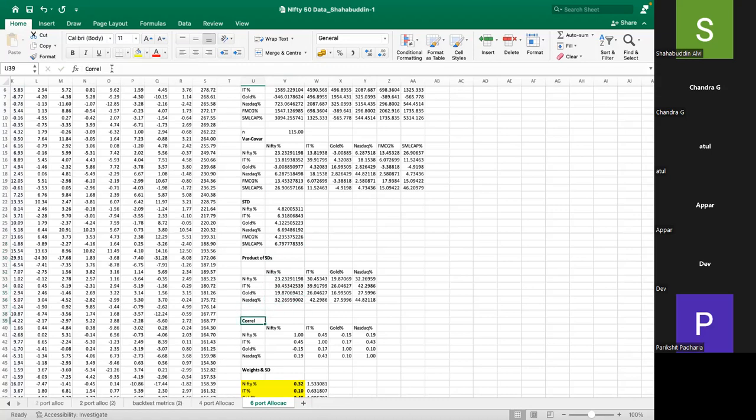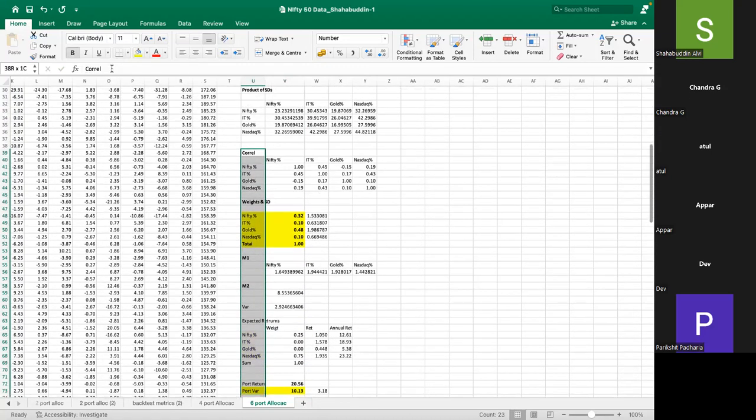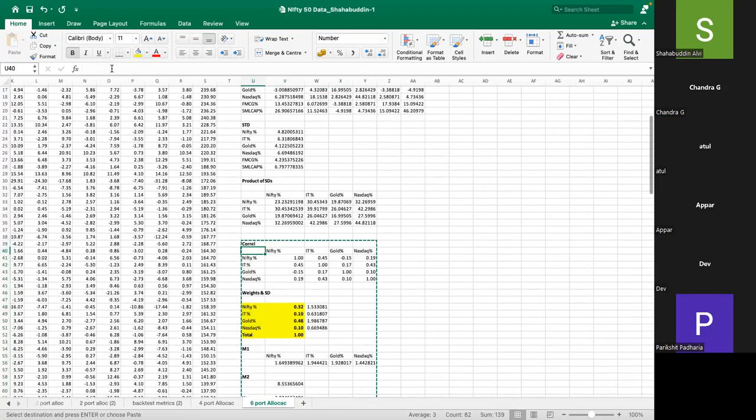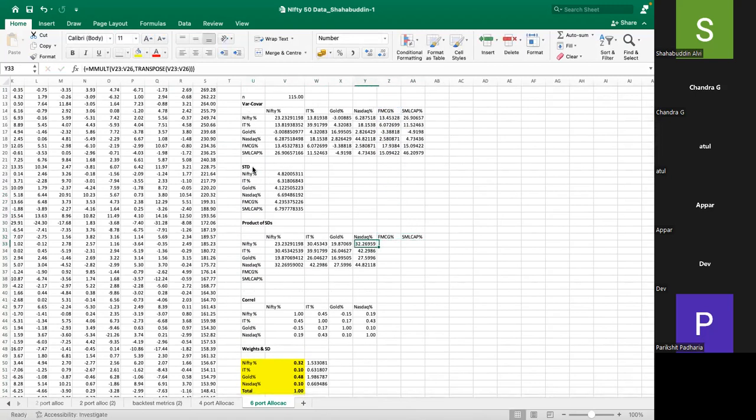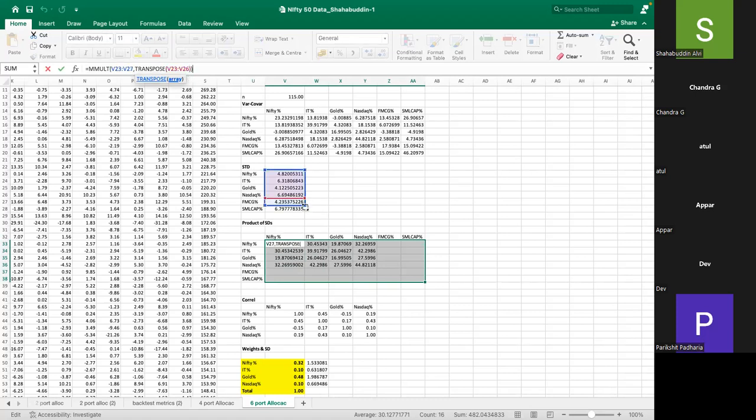Now product ST again you have to copy. Control Shift Enter.